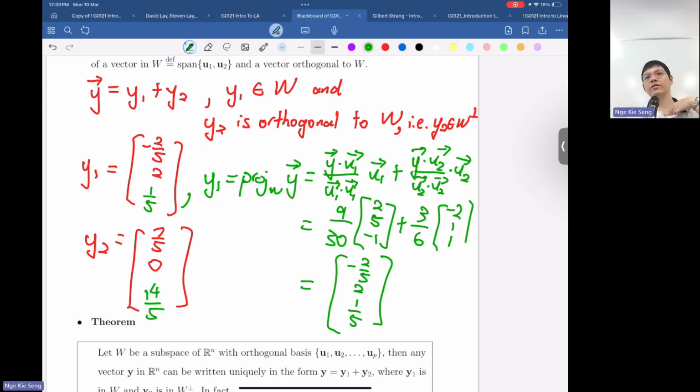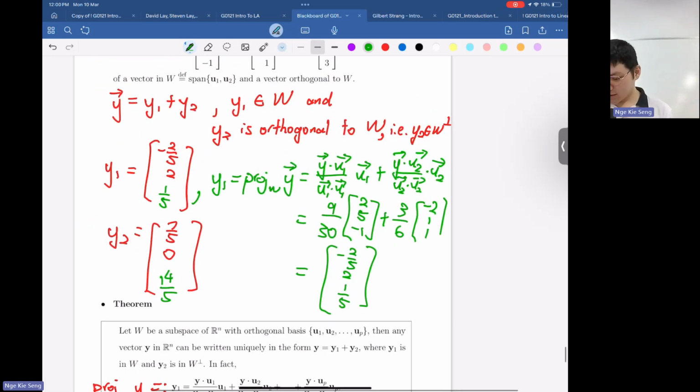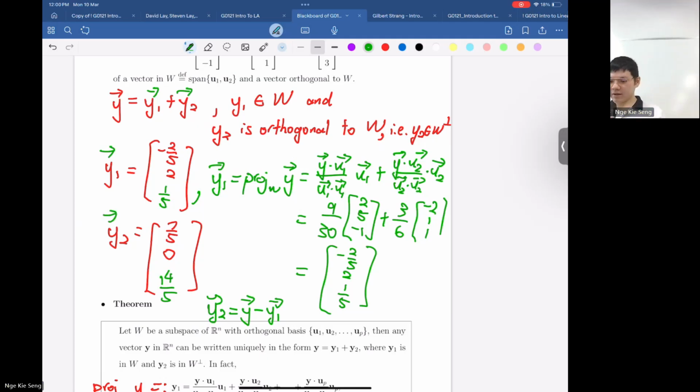Okay, can you follow? And so how do you get y2? Just to confirm, you take your y and minus your y1. So what's the checking you can do here?